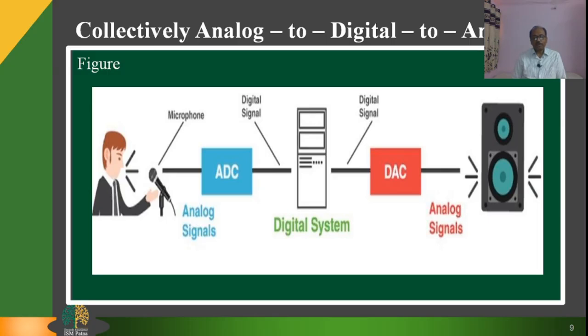And after getting final, the digital signal moves towards the DAC, I mean digital to analog converter, and from there the digital signals are converted to analog mode and received by the speaker for use, so that an audience can hear or a spectator can see. So, this is the full concept of signal conversion.